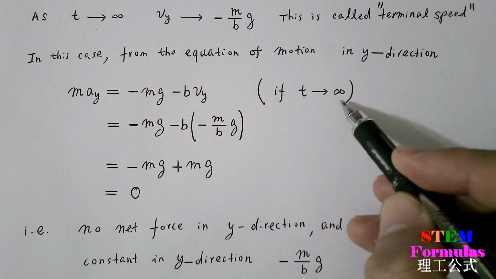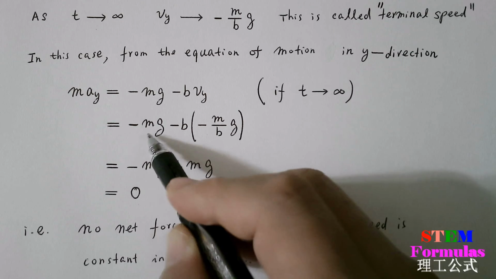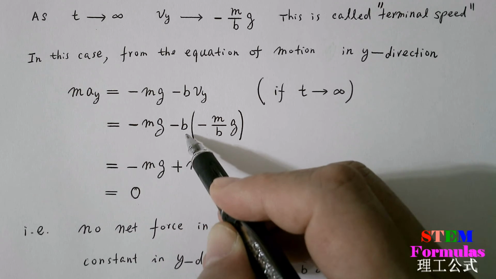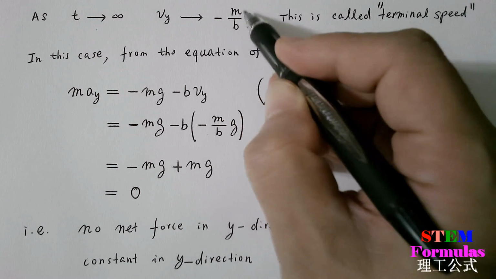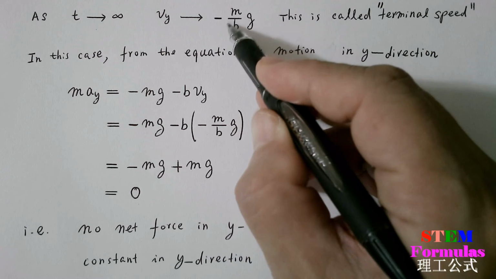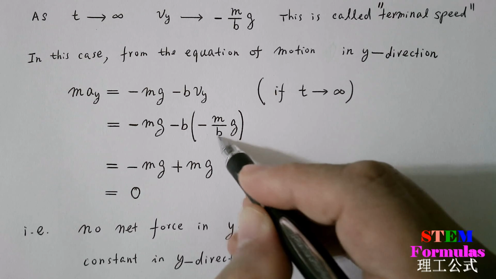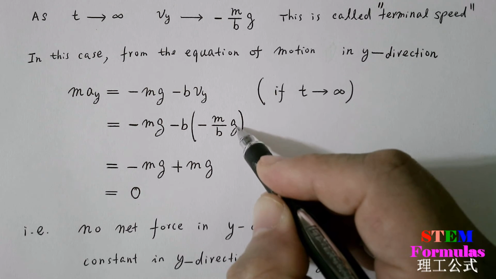When time approaches infinity, the right side equals minus mg minus b times Vy, with Vy equal to the terminal speed, so minus m divided by b times g.